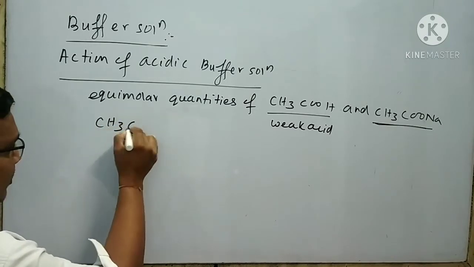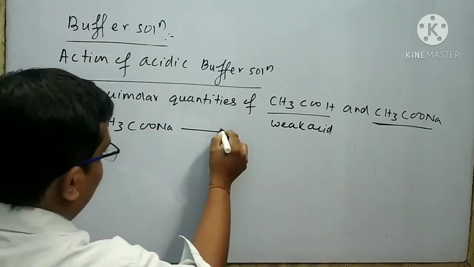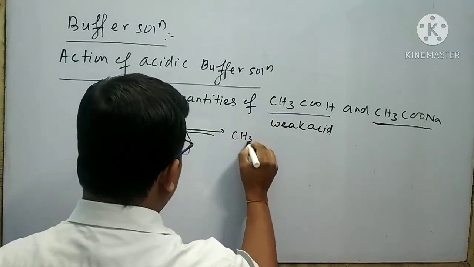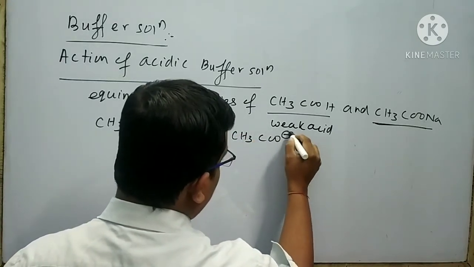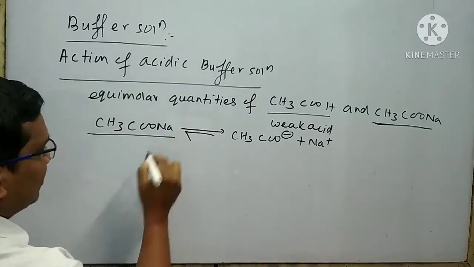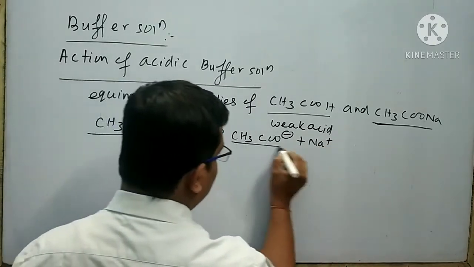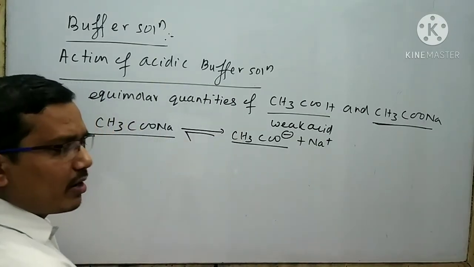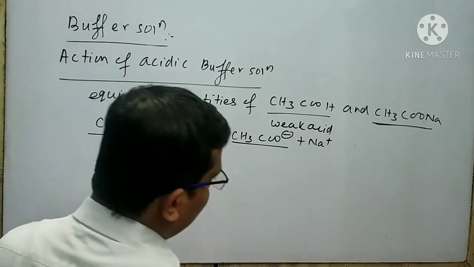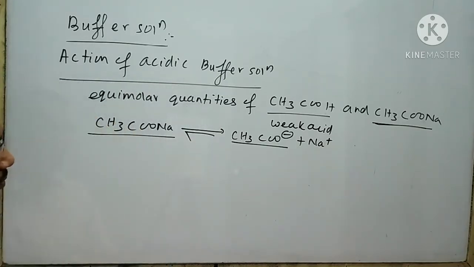When CH3COONa undergoes dissociation, it gives CH3COO minus plus Na plus, 100%. 100% of this type of salt undergoes complete dissociation and gives 100% CH3COO minus ion and 100% Na plus ion.